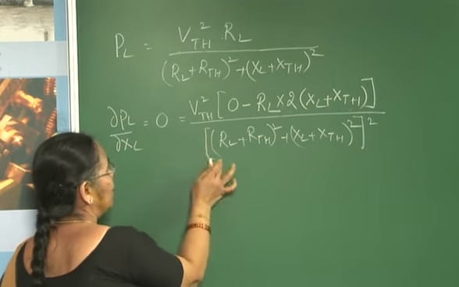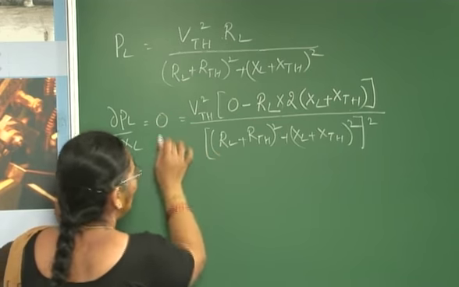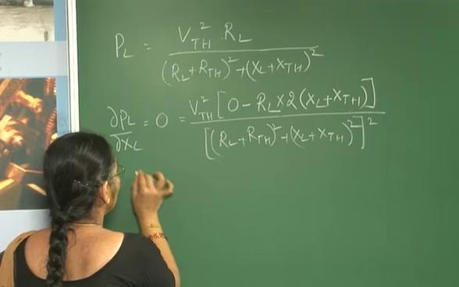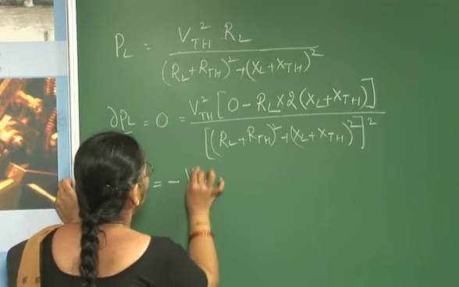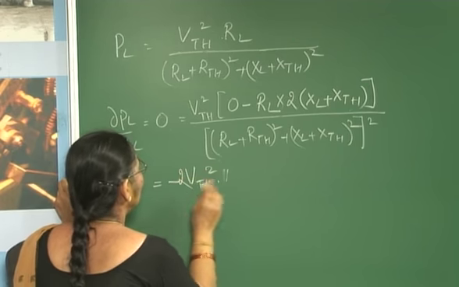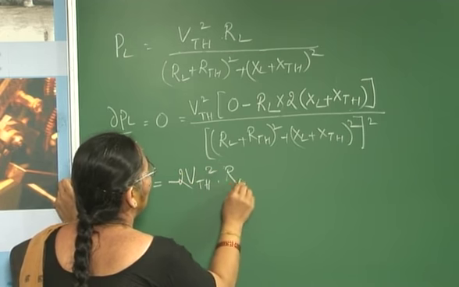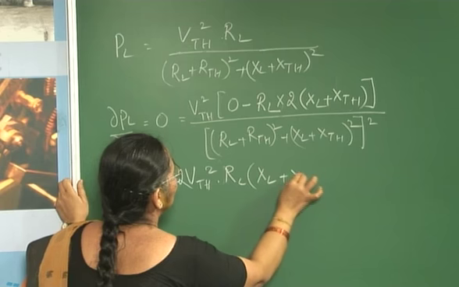Then cross multiplying this part, this is being equal to 0. Then what am I going to have? It is 0, which is equal to minus V Thevenin square into, or 2 times V Thevenin square into RL, that whole thing multiplied with XL plus X Thevenin.